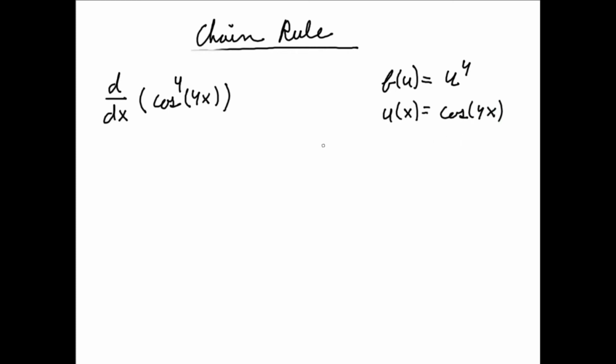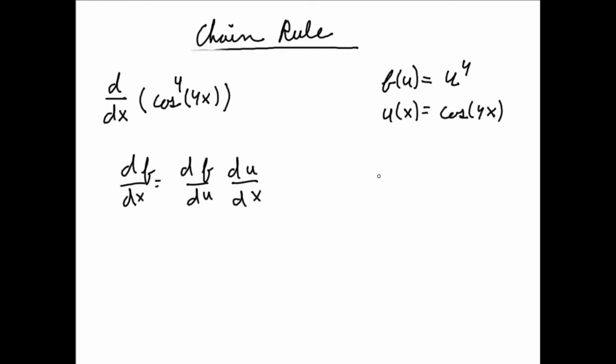So let's go ahead and begin. Once again, the chain rule, and I'll write it again just for reference. So df dx is equal to df du times du dx.